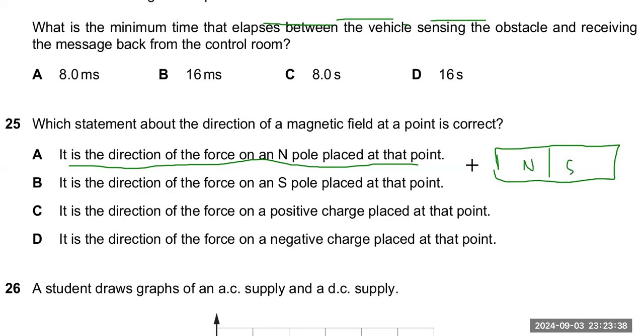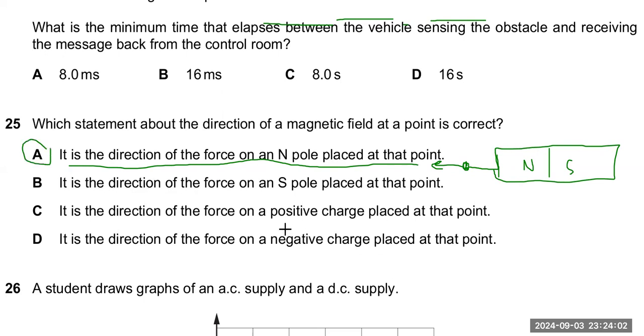If you place anything in that position, then the magnetic field coming out from the north pole will be vertically outward, so the direction of force will be from the north side. So your option will be A.